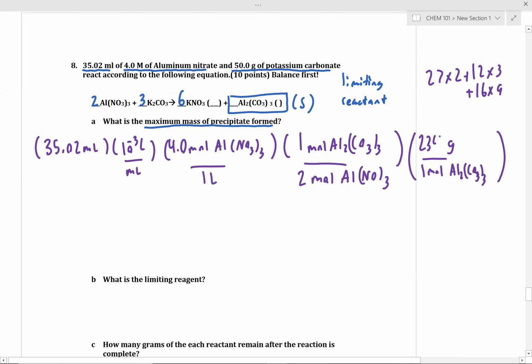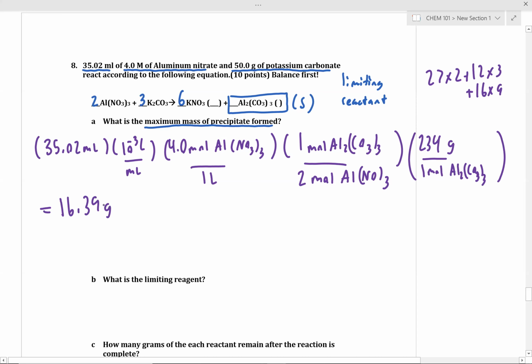That gives us 234 grams per mole of aluminum carbonate. Okay, so now we just have to punch in the single line expression. 35.02 times 1 EE negative 3 times 4.0 divided by 2 times 234. And that in turn gives us an expected mass of 16.39 grams.